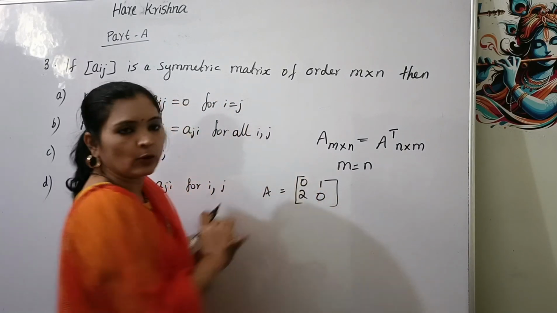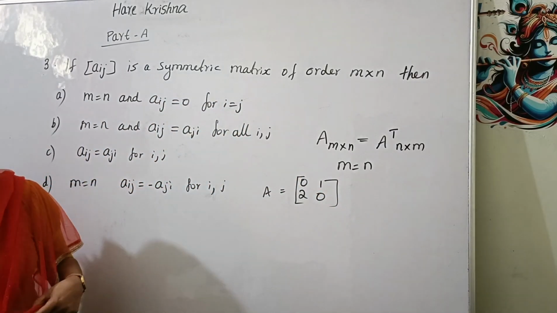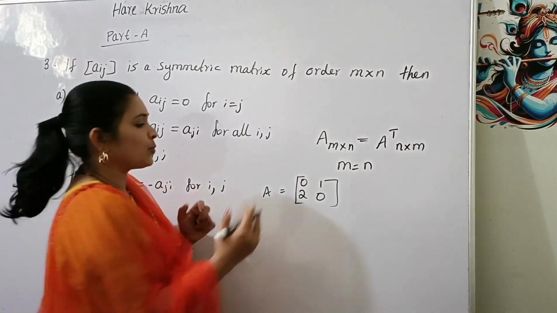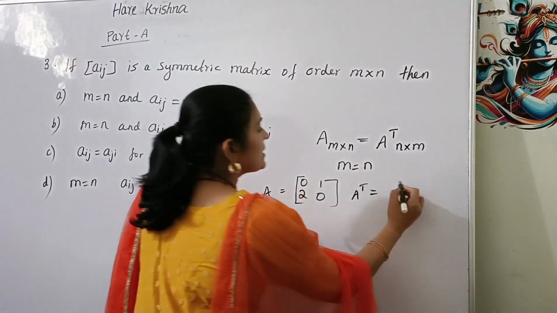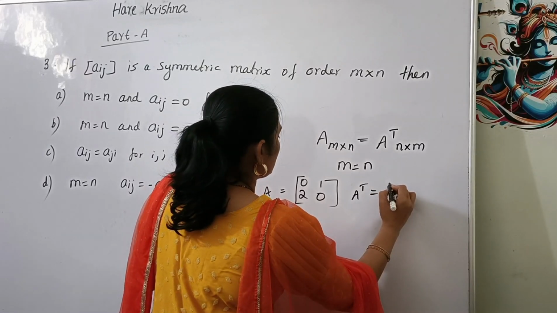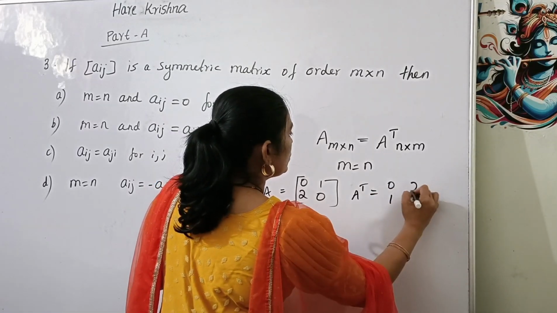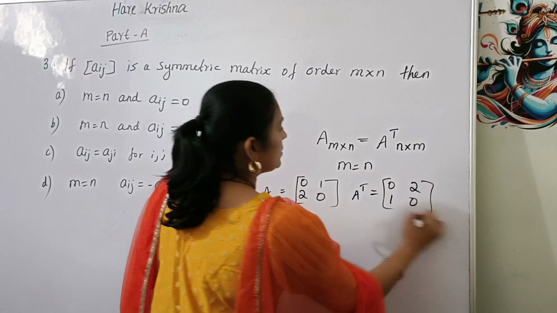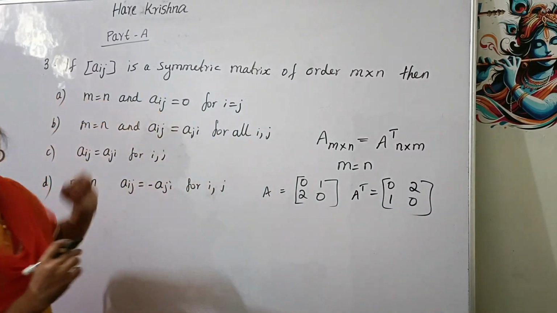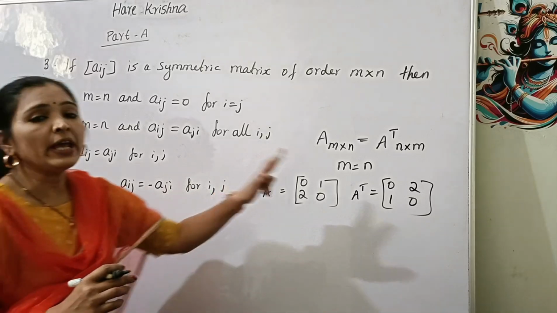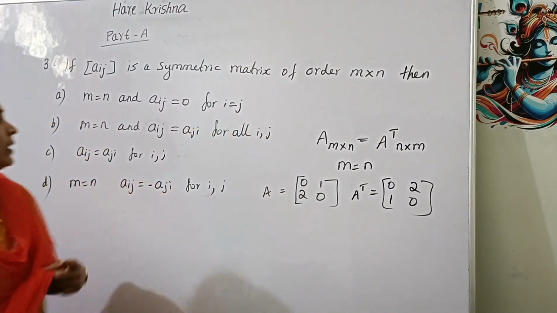Here main diagonal elements are 0. Take its transpose. A transpose is 0, 2, 1, 0. Are they equal? No, right? So it is not correct. They should be equal for a symmetric matrix.